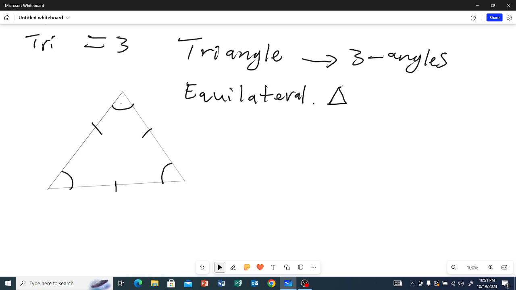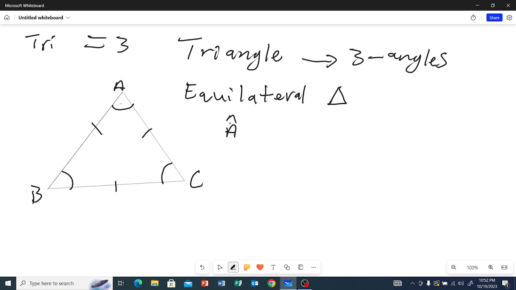This is A, this is B, this is C. Now I want to show that angle A is equal to angle B, which is equal to angle C.